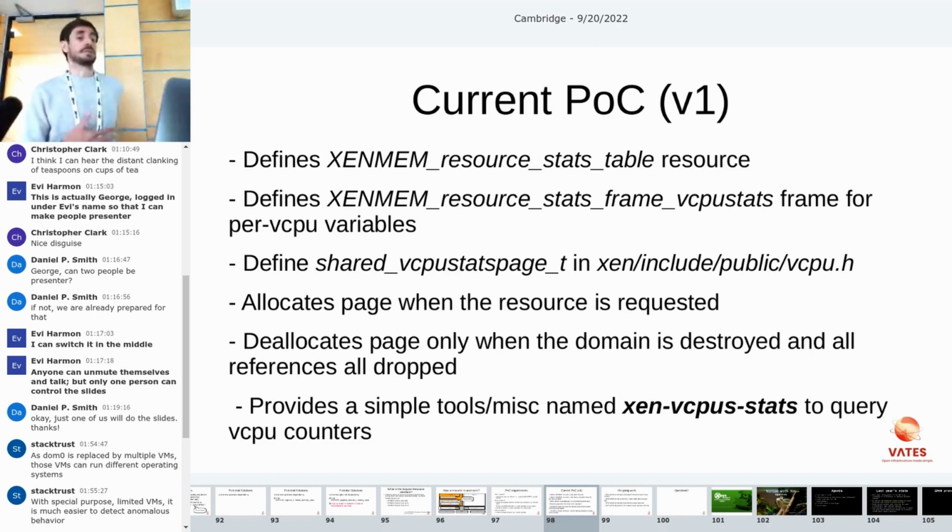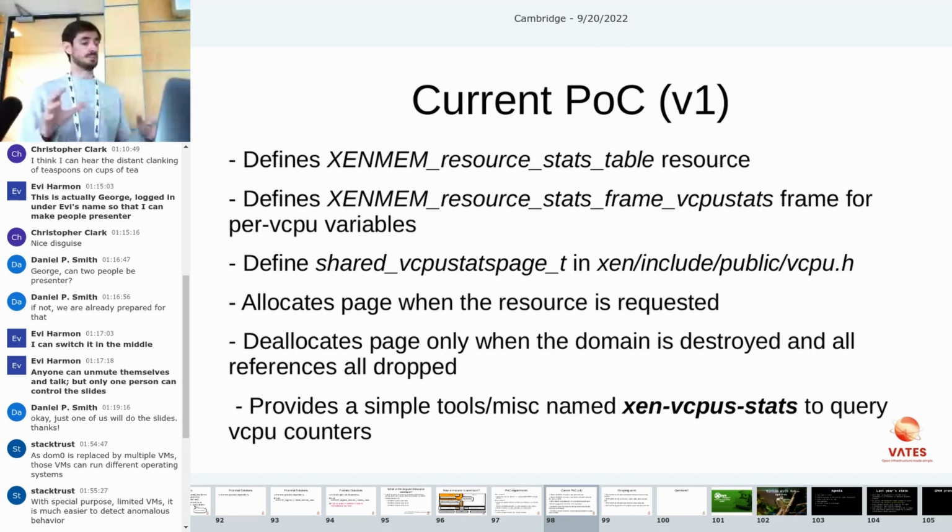Then I define a public structure that is going to be mapped by the tool in DOM0 to get this information. Currently, the allocation is on demand in the sense that the tool that queries this counter from a domain has to request the resource, and in that moment, the resource is allocated. It is not allocated when the guest is created. And the deallocation happens only when the domain is destroyed and all references are dropped.